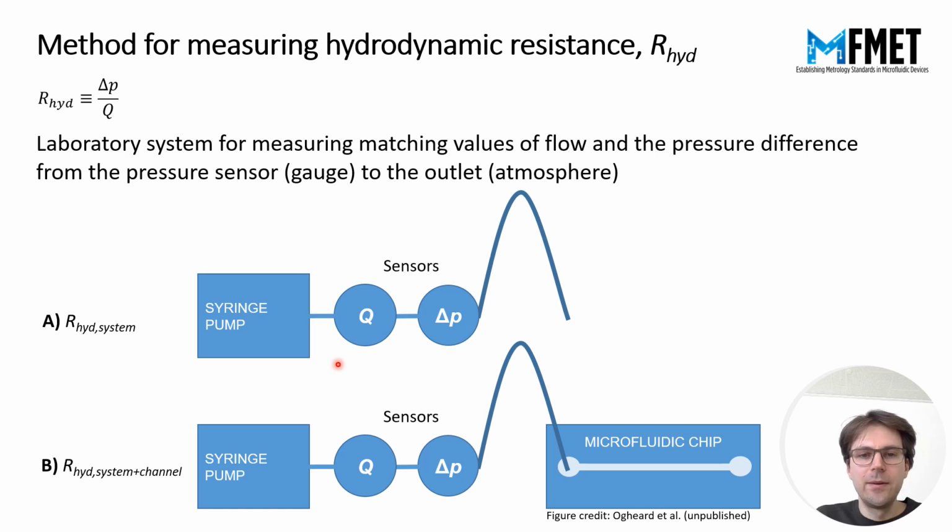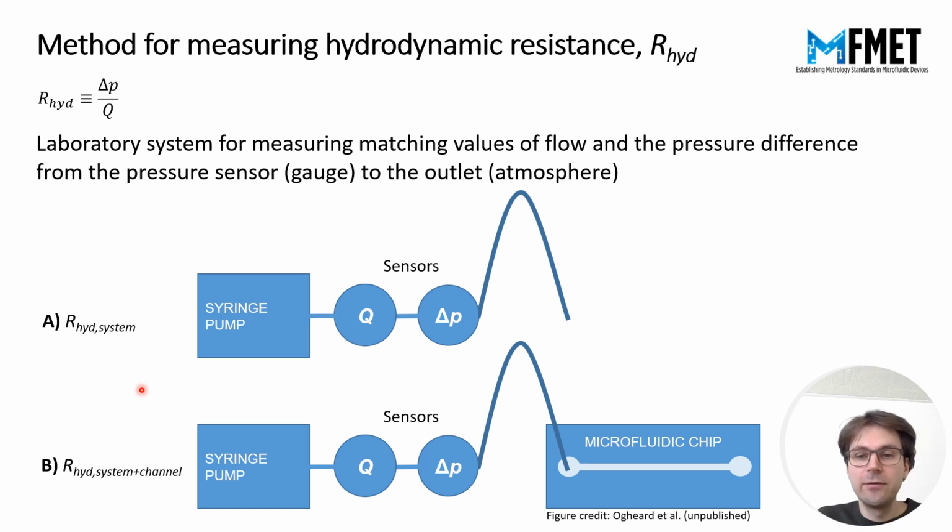These two sensors measure matching values of flow and pressure, so their measurements can be used to calculate the hydrodynamic resistance. The laboratory system is then used in two configurations. First, a configuration where it's only the system, so there's no device under test, and you determine the hydrodynamic resistance of the system alone.